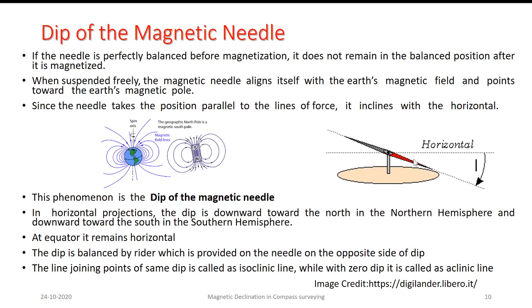The way you see here, the red portion is inclined in the downward direction, so to lift it up, we place a certain weight in the form of that rider. The way we considered isogonic lines and agonic lines earlier, for dip also we can consider the line joining points of the same dip as an isoclinic line, while the line joining the points having zero dip is called an aclinic line.